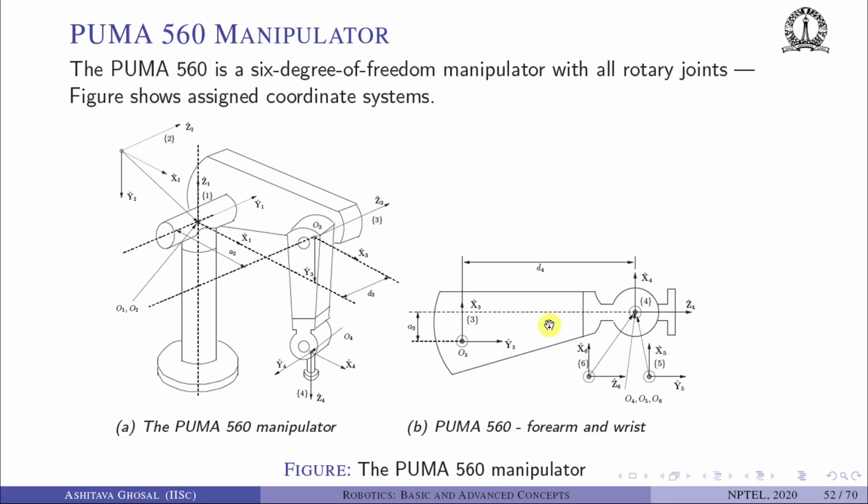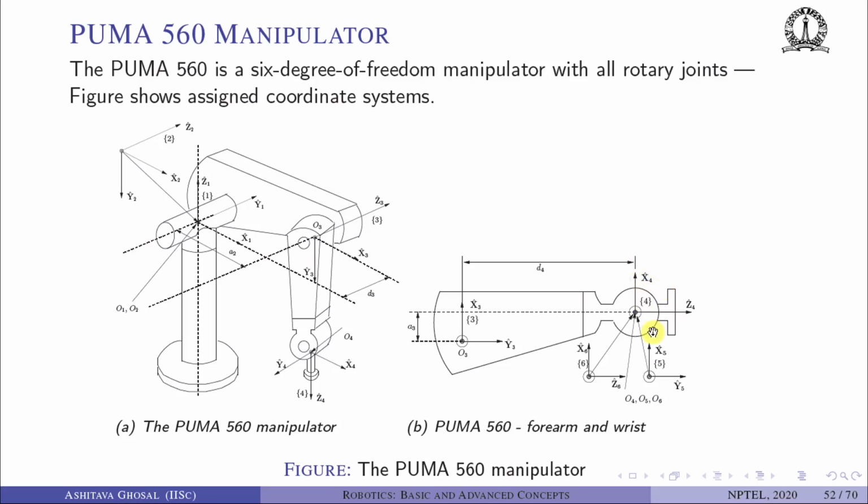Next, we have to find out what is x4. x4 is the common perpendicular between z4 and z5, which is here. They are intersecting, so we need to choose the normal to the plane formed by z4 and z5. In this case, x4 is shown here.